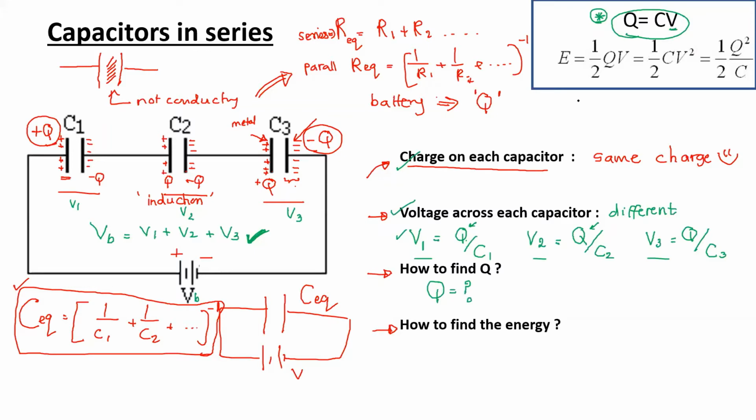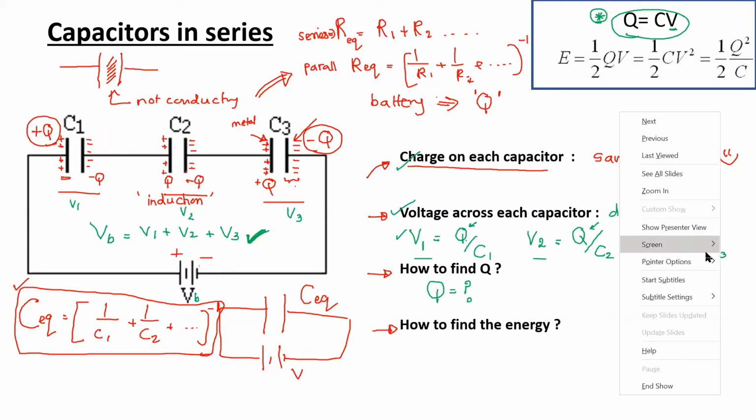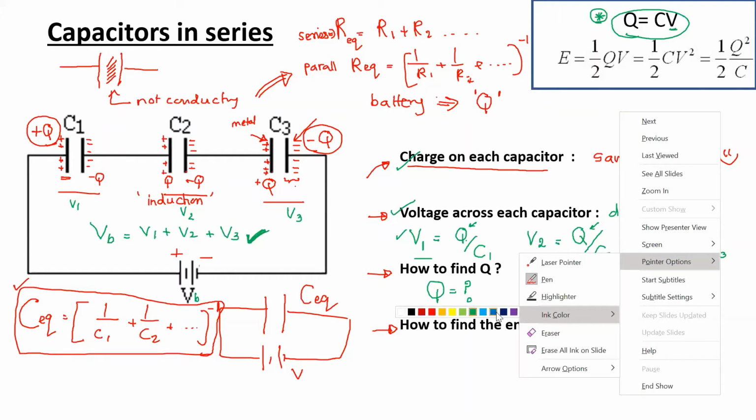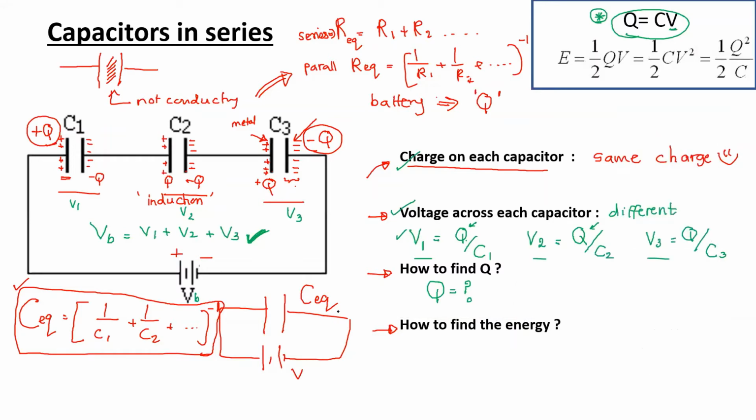So to find it, let me use blue color. So to find Q, what we would do is we would use the equivalent circuit. We will use this circuit because this is a very simplified version, right?